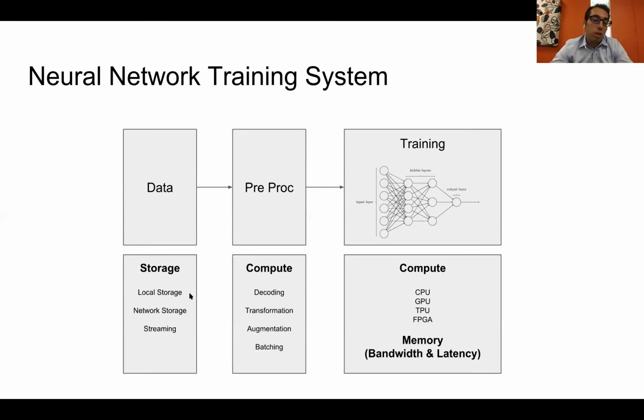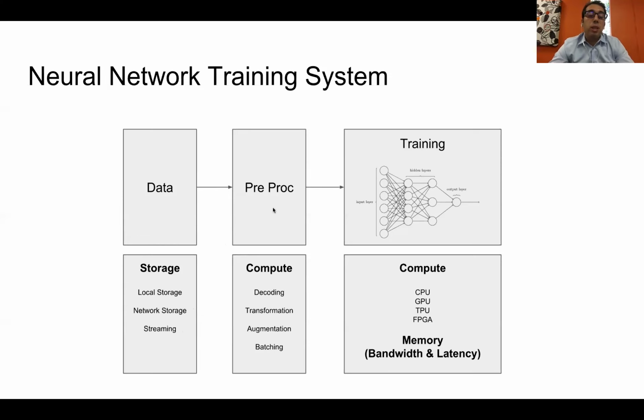So the largest local storage you can get cannot reach beyond a couple of terabytes. But network storage can be much larger, but then it comes at the cost of performance, bandwidth and latency. So then you have to think about how that would affect your performance during training and inference. And the same for streaming.